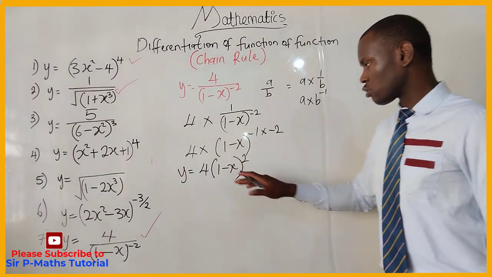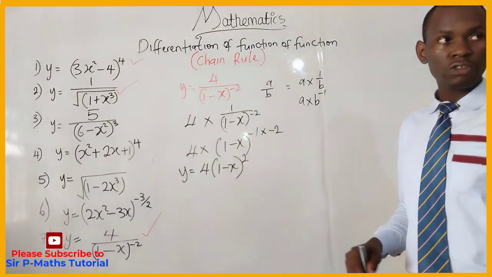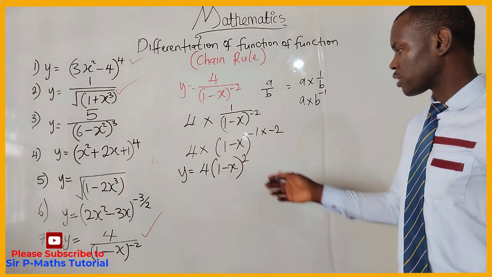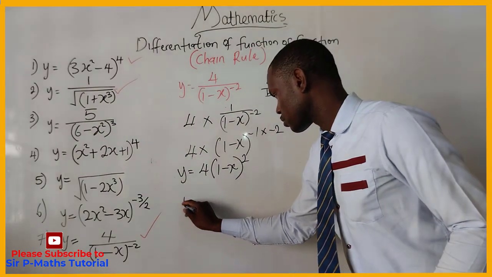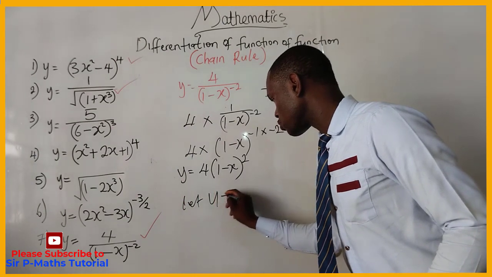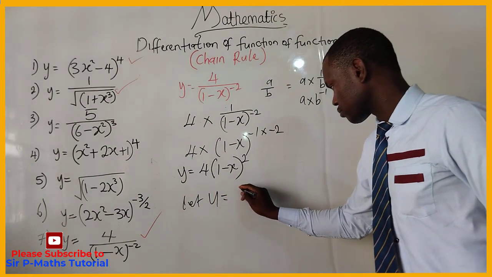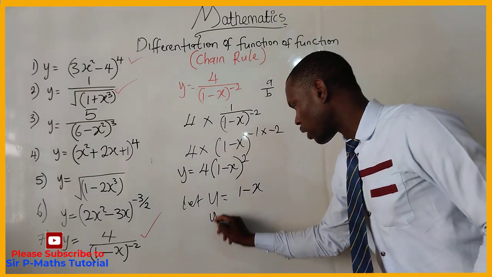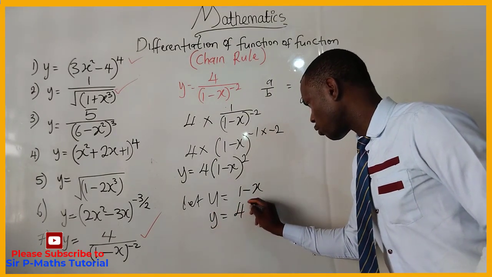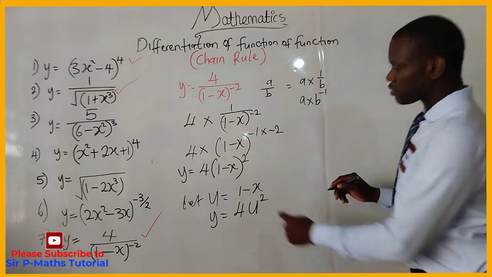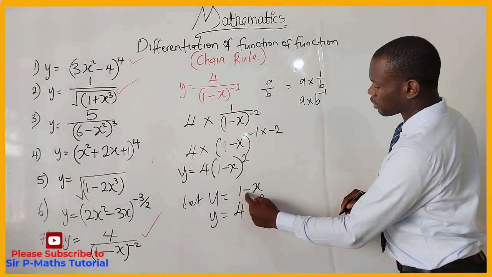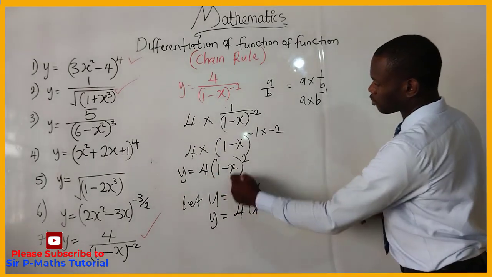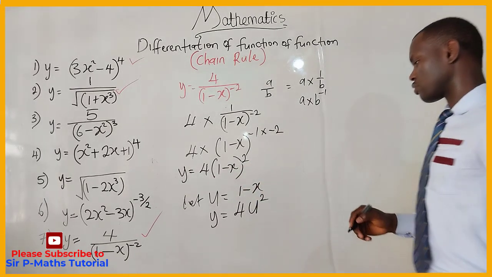But meanwhile, it is also a function of function. So to separate them, I will say let u be equal to 1 minus x. Therefore, my y will now become 4u raised to power 2. Since u is 1 minus x, I'll put u for 1 minus x in the function here.